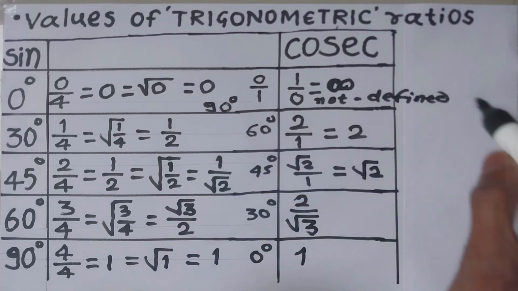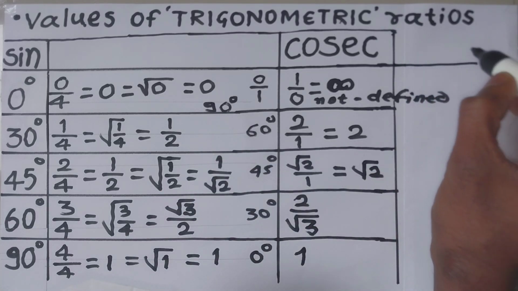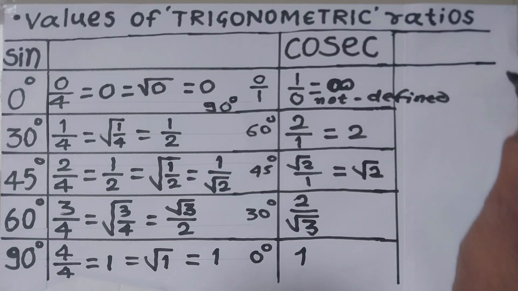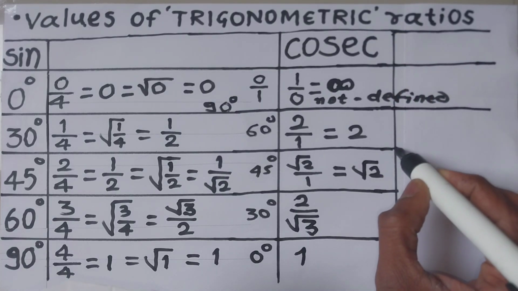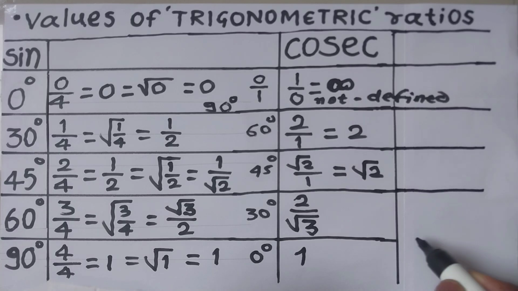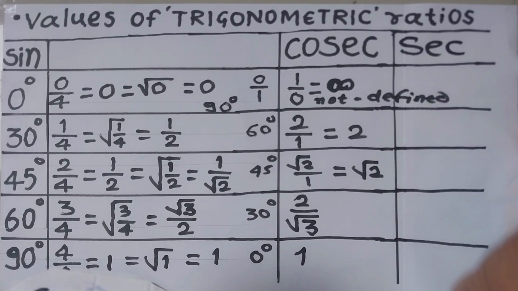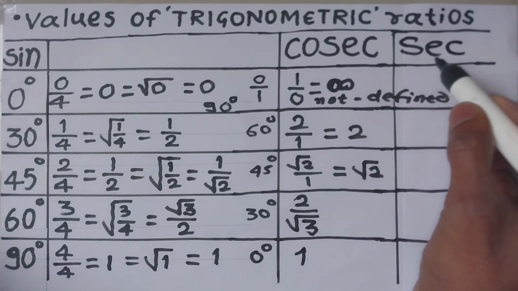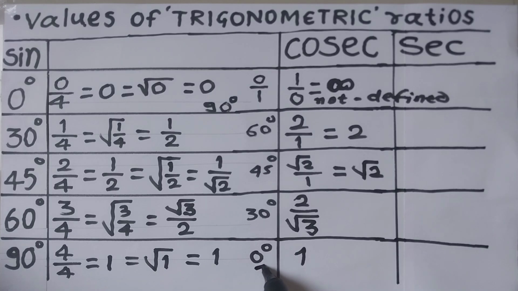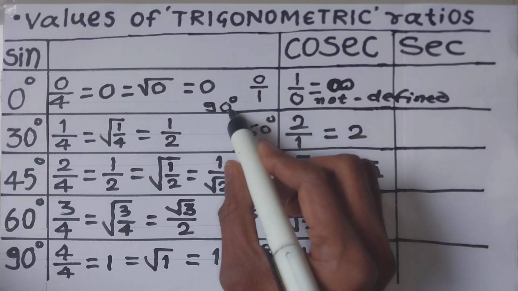Now with the help of these values of cos, we will find the values of sec. Now here we write sec. The values of sec are completely reverse of cos, for 0 degree, 30 degree, 45 degree, 60 degree, 90 degree.